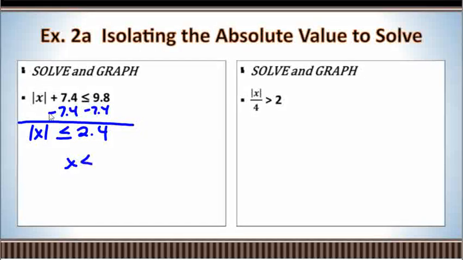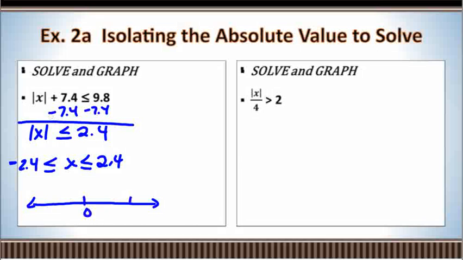It's less than or equal to 2.4 on the right-hand side, and greater than or equal to negative 2.4 on the other side. On the number line, 0 in the middle, 2.4 to the right, negative 2.4 to the left. Filled in circle on both.